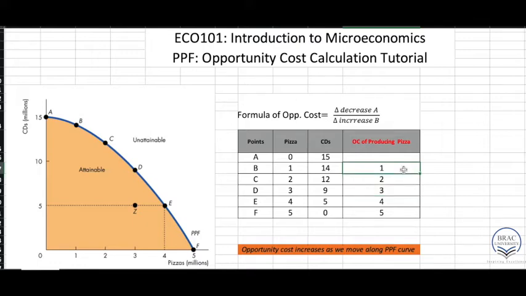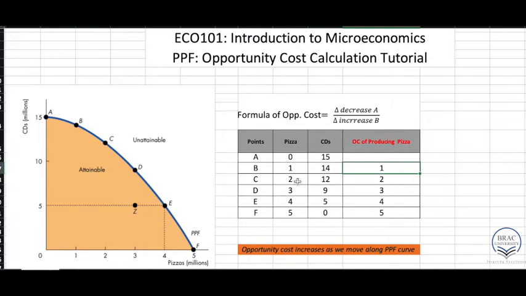Now, what can you see here? You have successfully found the opportunity cost of producing a pizza. As you can see, the opportunity cost of producing the very first pizza is 1 CD. The opportunity cost of producing the second pizza, that is 1 more additional pizza, is 2 CDs.